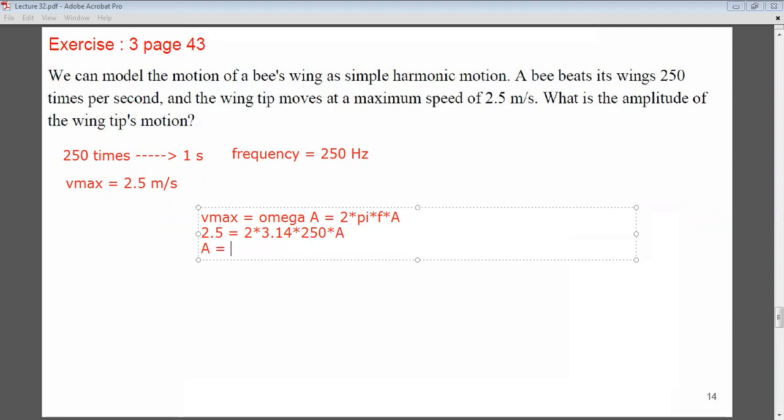So I get the amplitude is equal to 2.5 divided by 2 times 3.14 times 250. So A is equal to 1.59 times 10 to the power minus 3 meters.